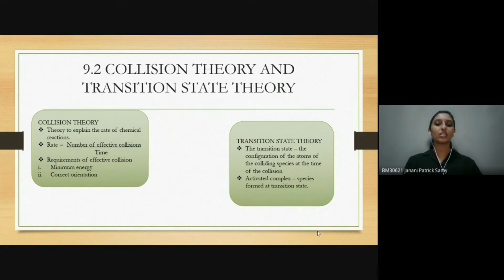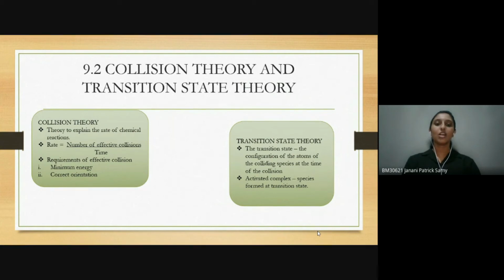Collision theory is the theory to explain the rate of chemical reaction. It is based on the equation which is rate is equal to number of effective collisions divided by time. The collision theory is based on the ideas which are: molecules must collide to react.